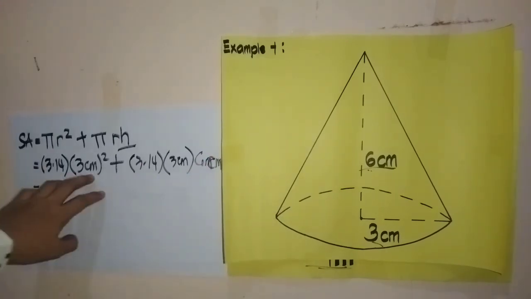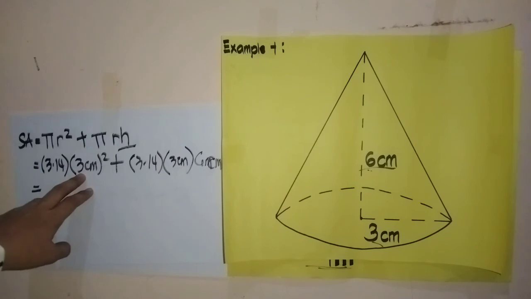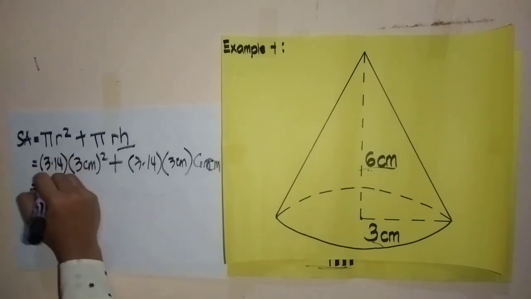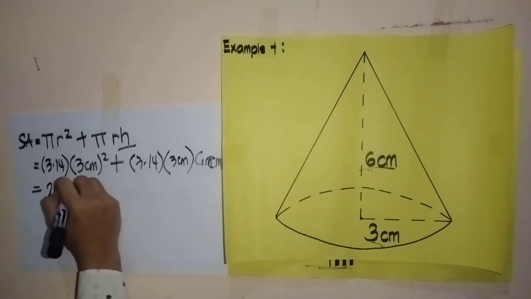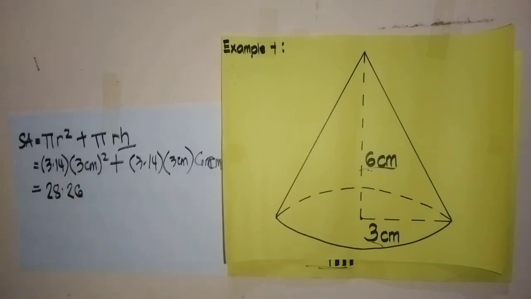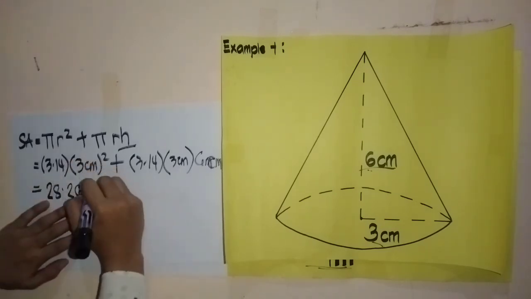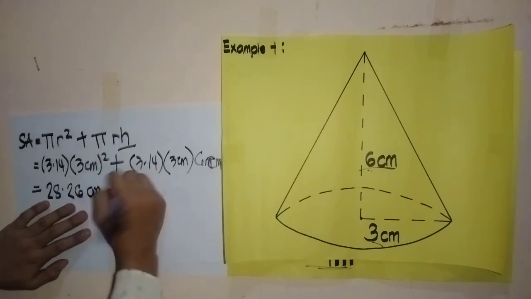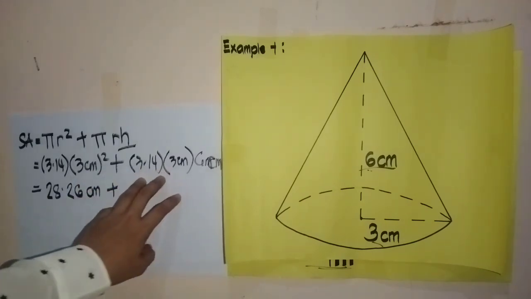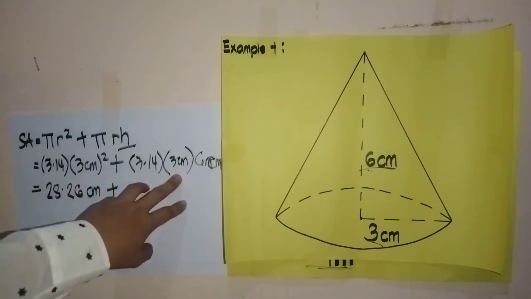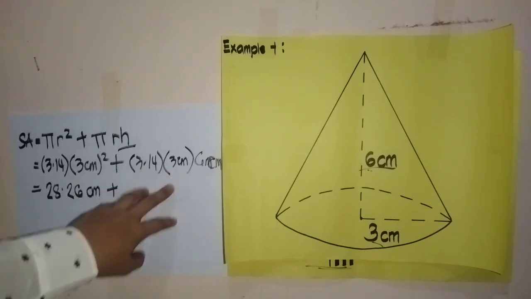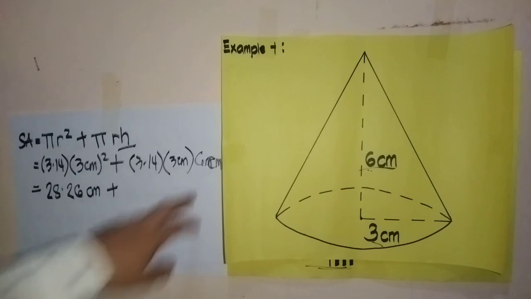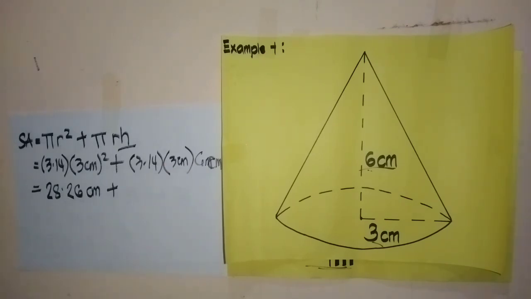So 3 centimeters squared is equal to 9. So 3.14 times 9 is equal to 28.26 centimeters. Plus 3.14 times 3 is equal to 9.42 centimeters, times 6 is equal to 56.52 centimeters.